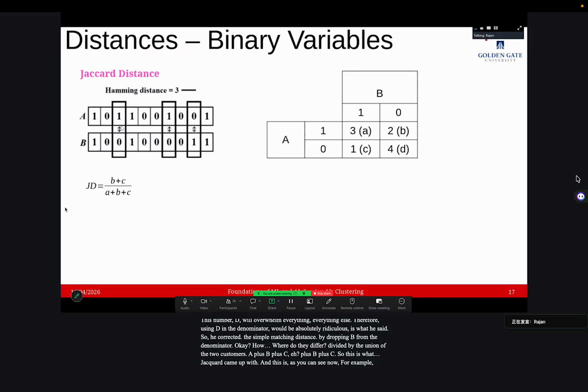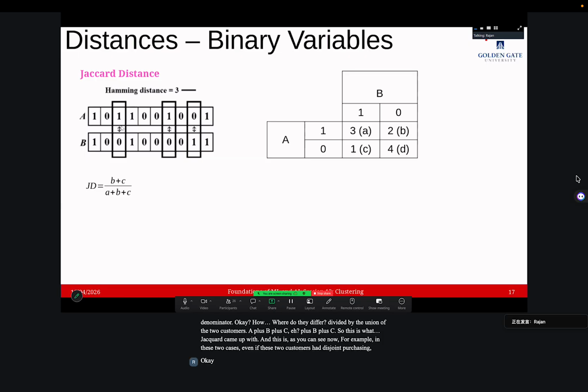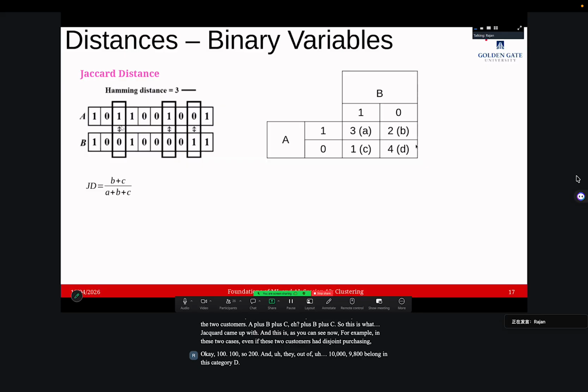As you can see now, for example, in these two cases, even if these two customers had disjoint purchasing, 100 and 100, so 200, out of 10,000, 9,800 belong in this category D. So we drop that.